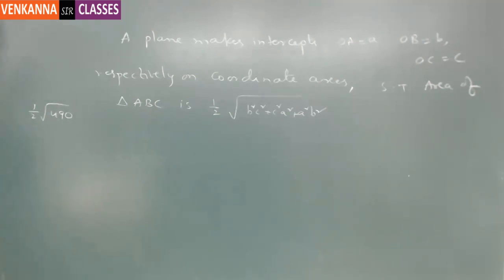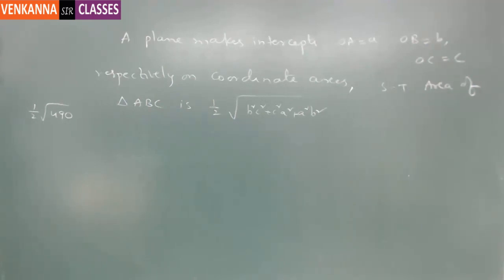It is given in the problem that the plane has made intercepts x-intercept A, y-intercept B and z-intercept C. And here also you are going to calculate the area of triangle ABC. The answer is also given there.